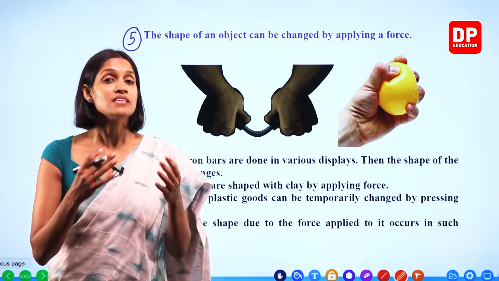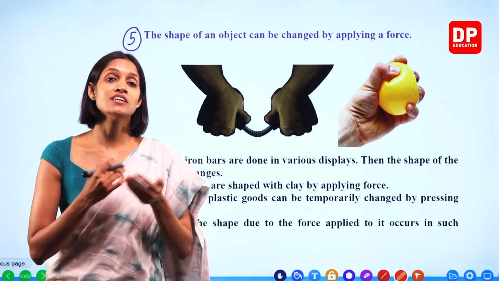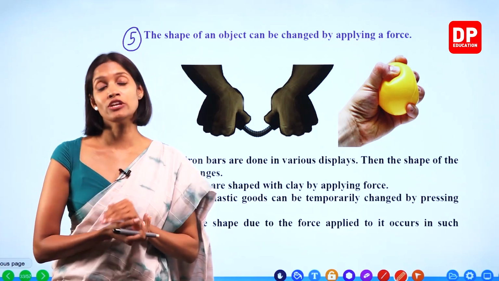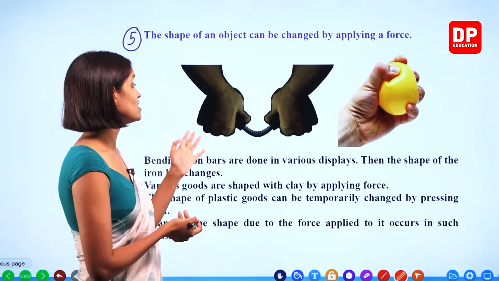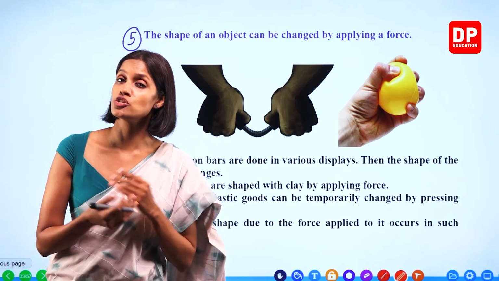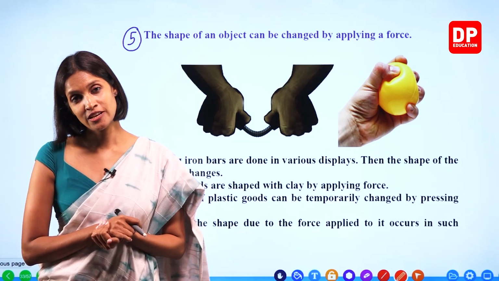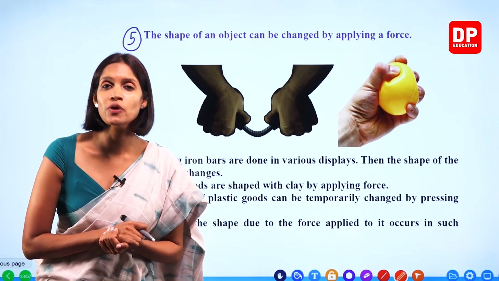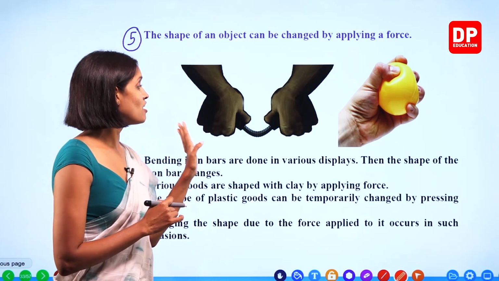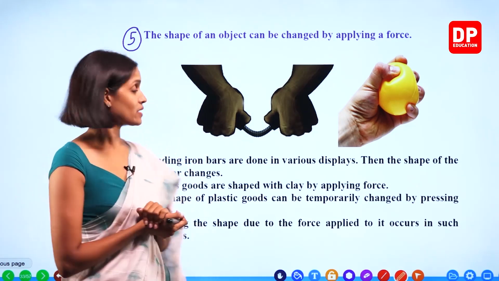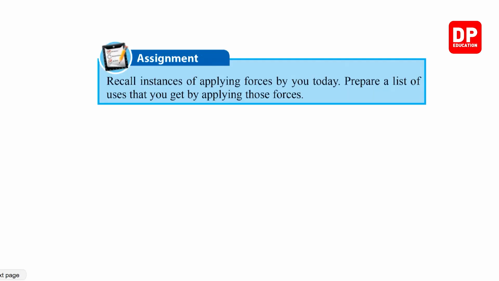Sometimes by applying force, we can change the direction of a moving object. And here we learn that by applying force, we can change the shape of objects too. So I hope you understood the effects of force clearly. Okay, we'll move on to the next.